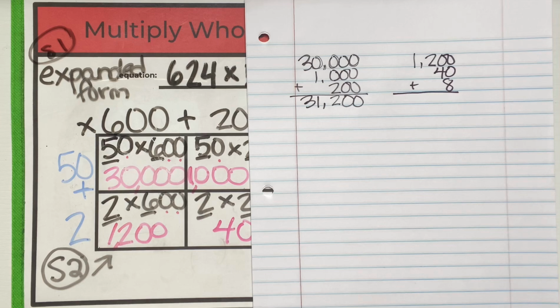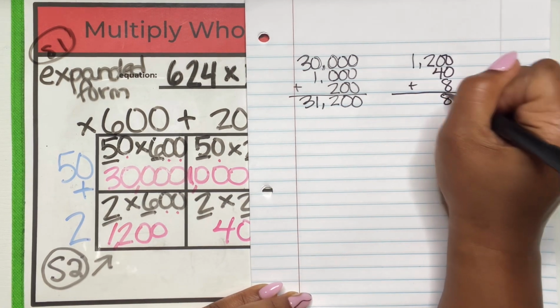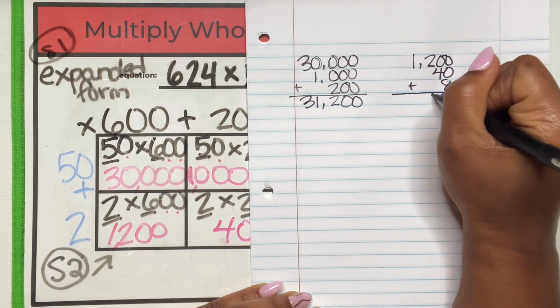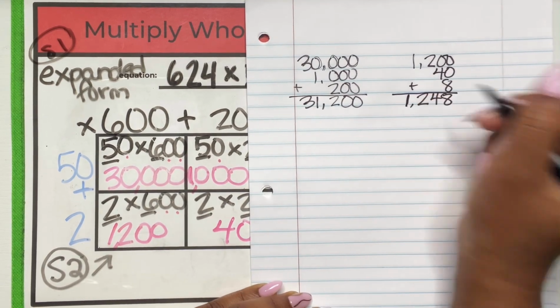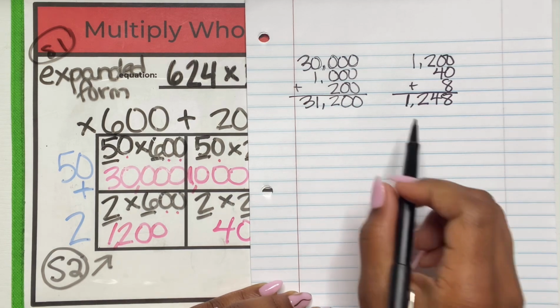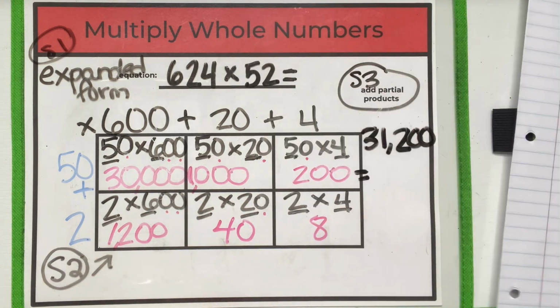You're in 5th grade or higher, okay? So you should be able to do some of these things mentally, work on your mental math skills, etc. All right, 8, 4, 2, 1. 1,248. Now we're going to take those two add-ins and put them together.